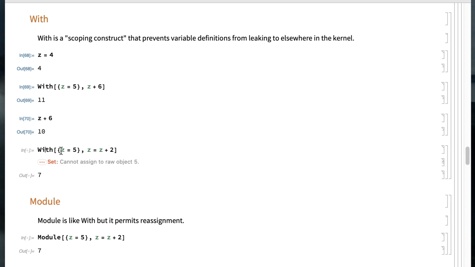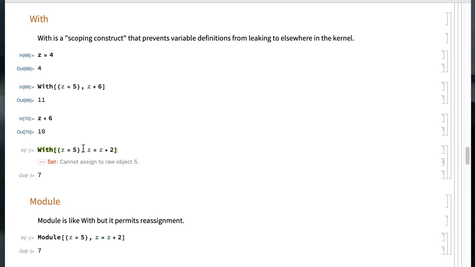With: if you use z and define it in the With, you can't change its meaning later. It's inconvenient, but actually knowing that something cannot change its value is often very valuable, and so it's going to object, saying, you already told me that z was 5. Now you're telling me that I'm supposed to assign 7 to 5?